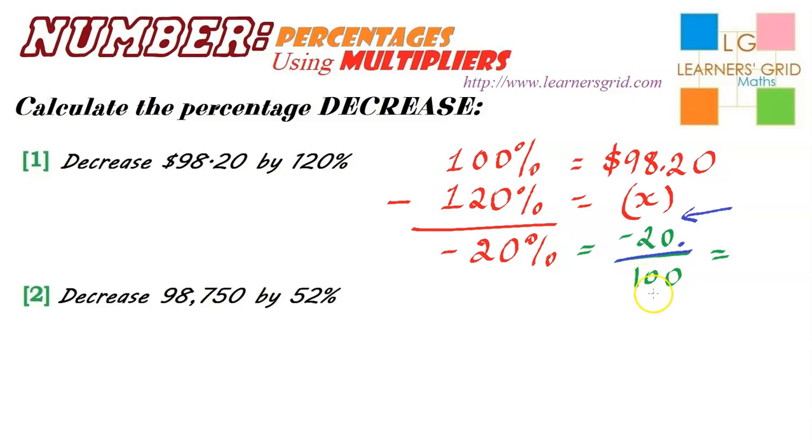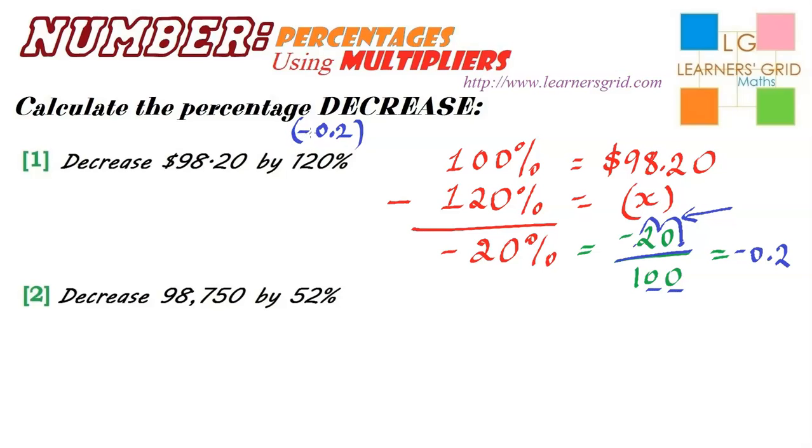If the denominator is a multiple of 10, and with these kinds of problems it always will be, it's always going to be over 100. So you just count up the zeros, 1, 2, and that tells you how many jumps to the left you'll make. 1, 2. It then becomes minus 0.2. And this minus 0.2 is our multiplier for this question.